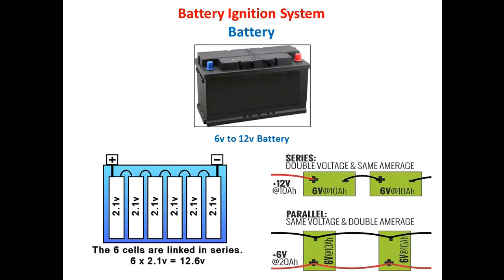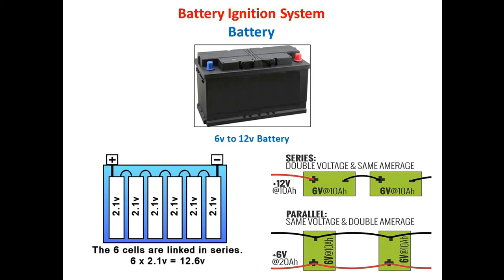Now we will get to know some more details about the battery utilized in the ignition system. In the ignition system, the electrical energy required is provided by storage batteries. These batteries are of 6 volt or 12 volt. These batteries are charged using a dynamo which is driven by the engine itself.